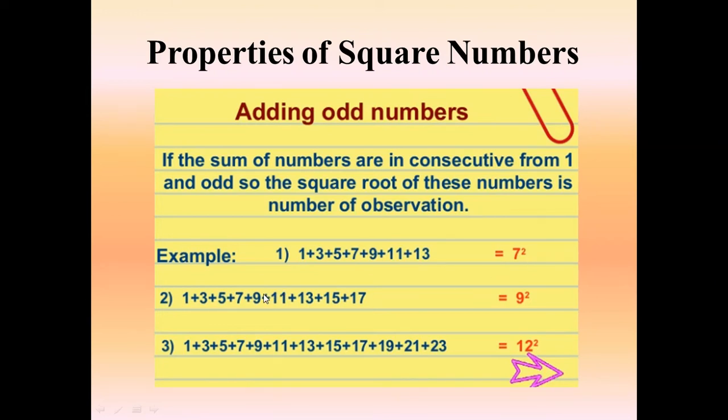You cannot take any pattern from any odd number. You cannot say that I will start from 3 and end at 15, so I will get 7 square. If you want 7 square, you have to add the first 7 consecutive odd numbers. If you want 9 square, then you have to add the first 9 consecutive odd numbers.